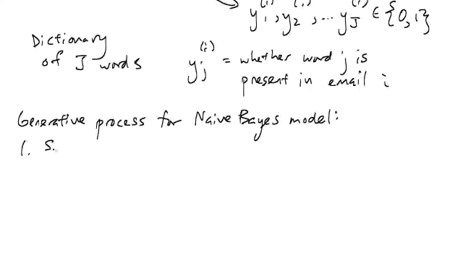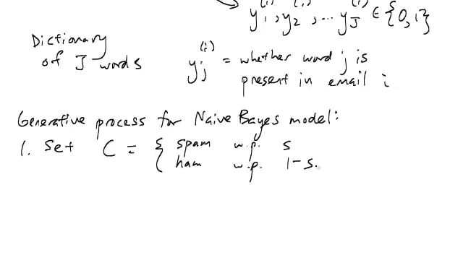So the first thing is we're going to set the label C to be spam with probability S and ham with probability 1 minus S. So you can think of this as you have some biased coin with probability of heads S. You flip the coin. If it's heads, you set C equal to spam. If the coin says tails, you set C equals ham.